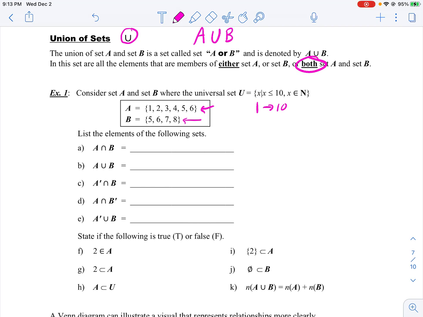We're now going to list the elements in the sets. So in set A and B, we only have the ones that are actually in both.